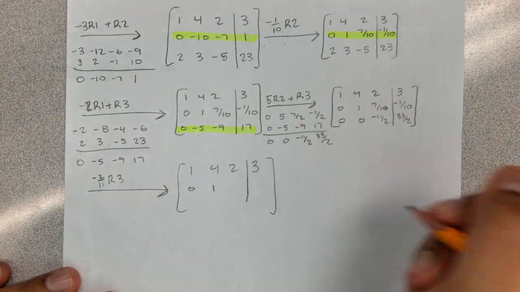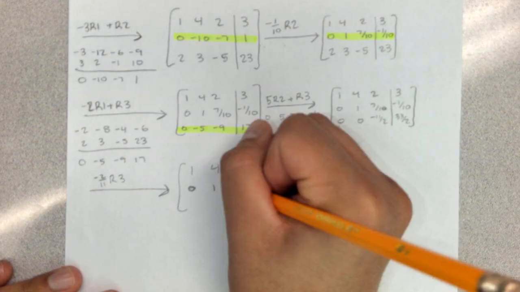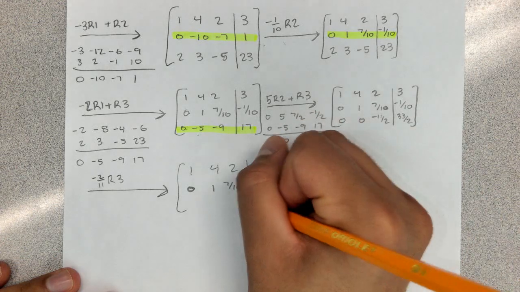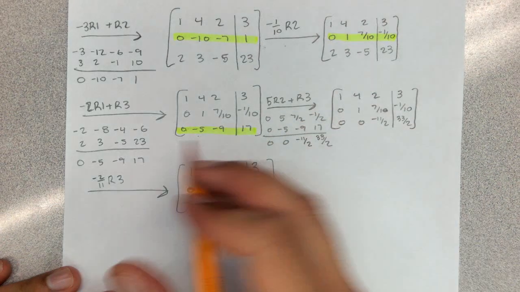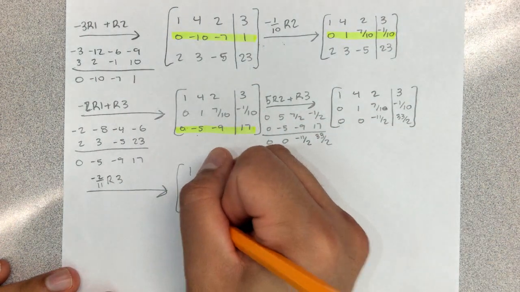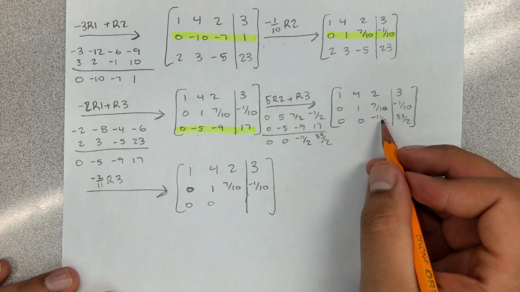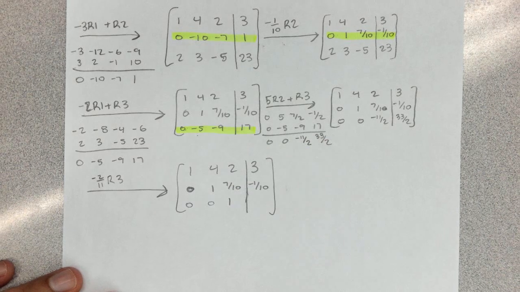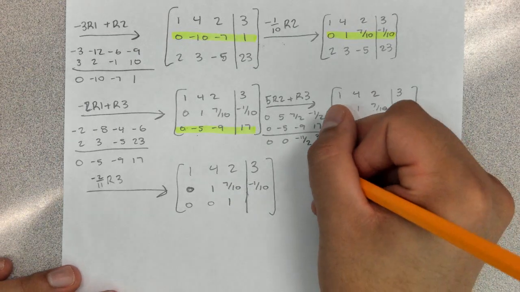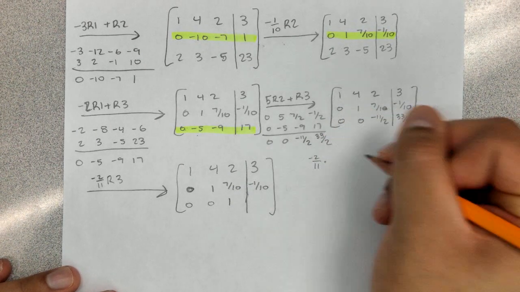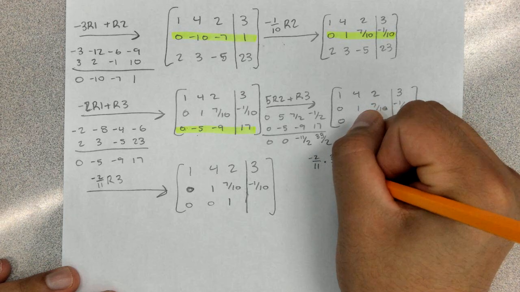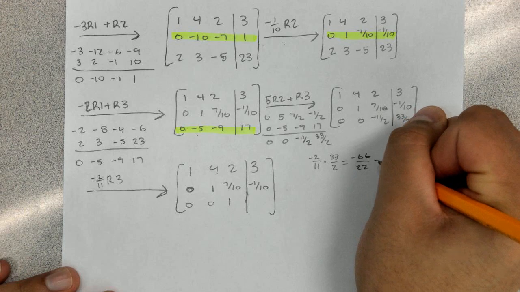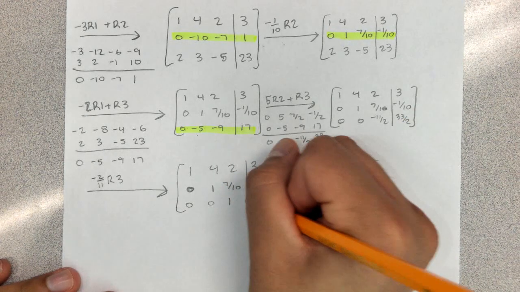Second row also stayed the same, so 0, 1, 7 over 10, negative 1 over 10. And now our new third row: 0 times that is still 0, 0. Negative 11 over 2 times negative 2 over 11 becomes a positive 1. And then we have negative 2 over 11 times 33 over 2. That's going to be negative 66 over 22, which is negative 3.